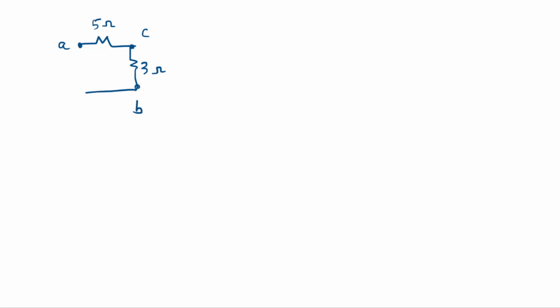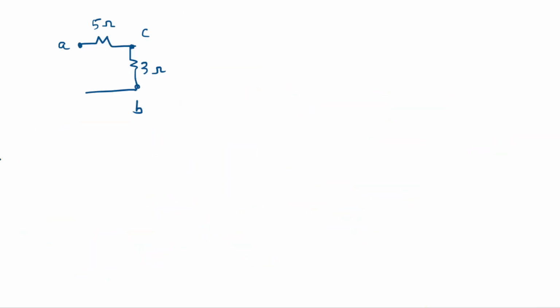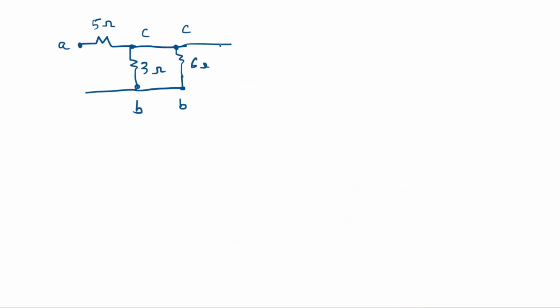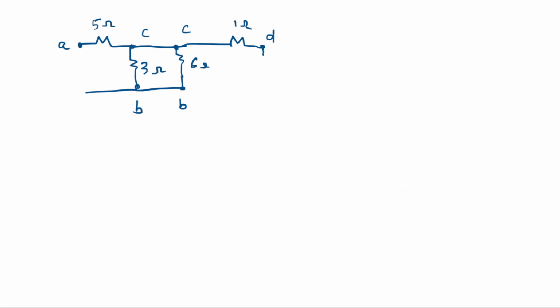Between B and D we got 2 ohms, and then between C and B we have 6 ohms, this is also C, and then between C and D we have 1 ohm, and between D and B we found the equivalent resistance is 2 ohms, right? This is also B.